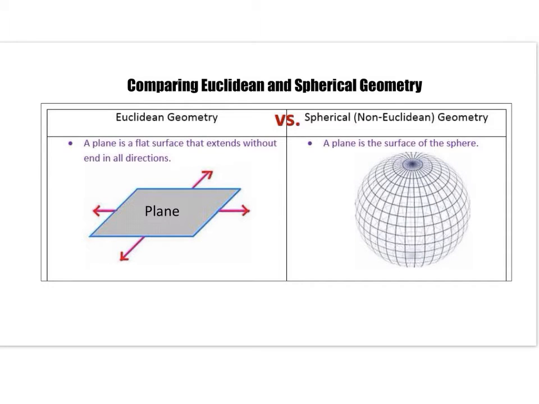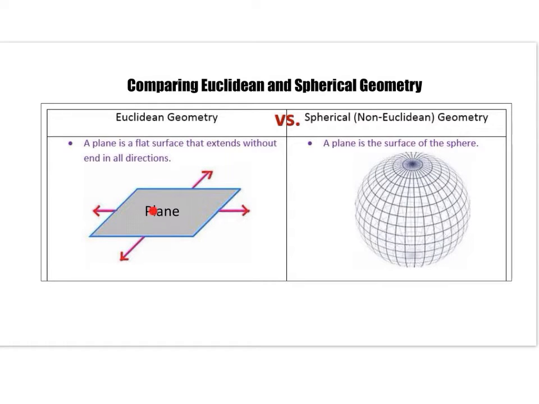Alright, so let's just compare Euclidean to spherical geometry. When we talked about Euclidean geometry at the beginning of the year, we talked about a plane being a flat surface that extends without end in all directions. I have a visual here to help us understand this sentence.